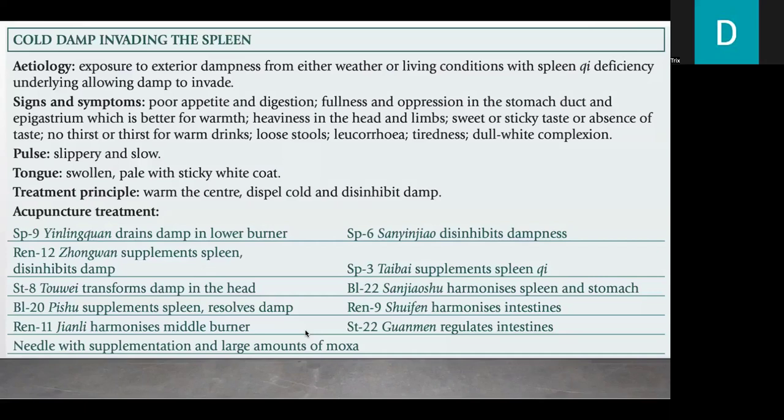The signs and symptoms would be poor appetite and digestion, fullness and oppression in the stomach duct and epigastrium, which is better for warmth, heaviness in the head and limbs, sweet or sticky taste or absence of taste, no thirst or thirst for warm drinks, loose stools, leukorrhea, tiredness, and a dull white complexion. The pulse would be slippery and slow, and the tongue would be swollen, pale with a sticky white coat.